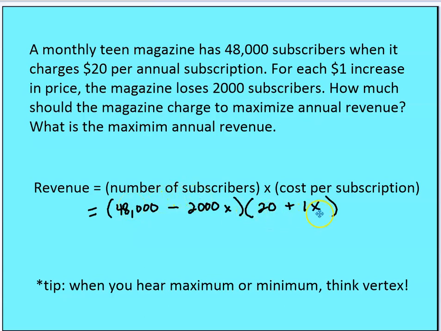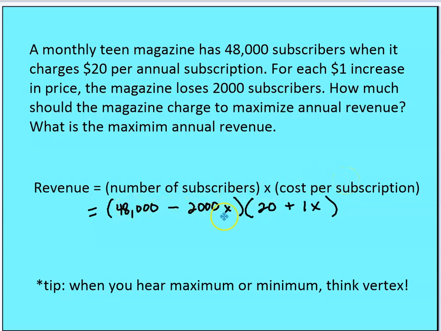So as I increase the cost per subscription, so 20 plus $1, so each increase in price, then the number of subscribers is going to go down incrementally. So each $1 x, I'm going to go down 2,000 subscribers times whatever that amount is. So revenue is going to be equal to number of subscribers times the cost per subscription.